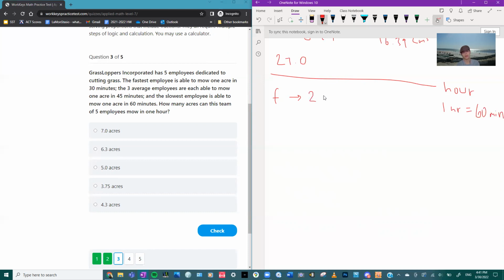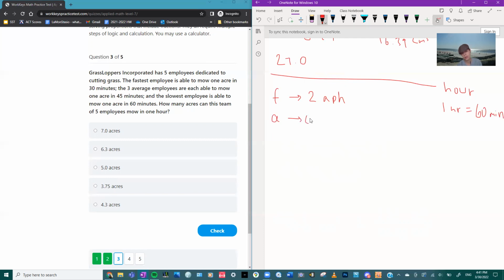So they can do 2 acres per hour. That's not a real unit, but I'll just put that there. Acres per hour. And how did we know? If they can do 1 in 30 minutes, then they can do 2 in 60 minutes. And 60 minutes is 1 hour, so they can do 2 in 1 hour. 2 per hour.